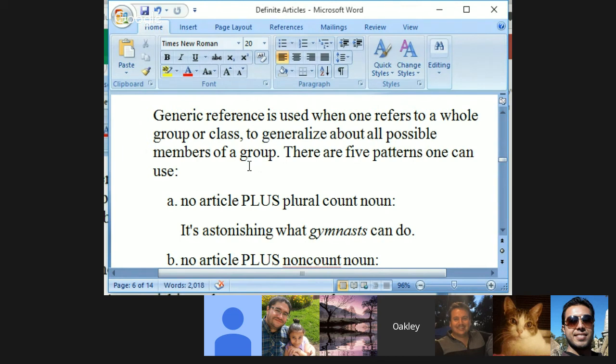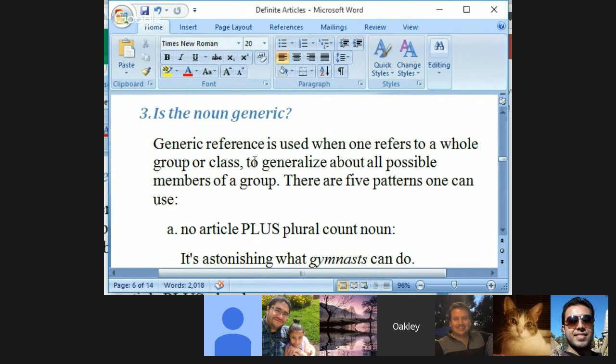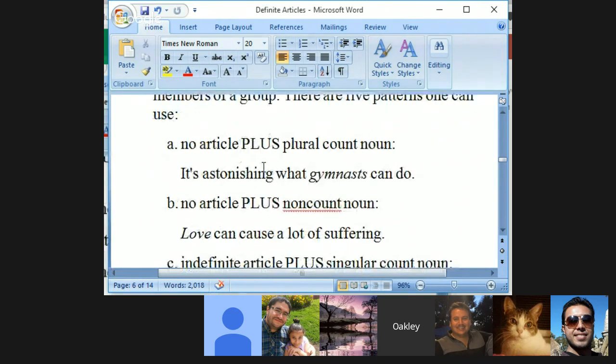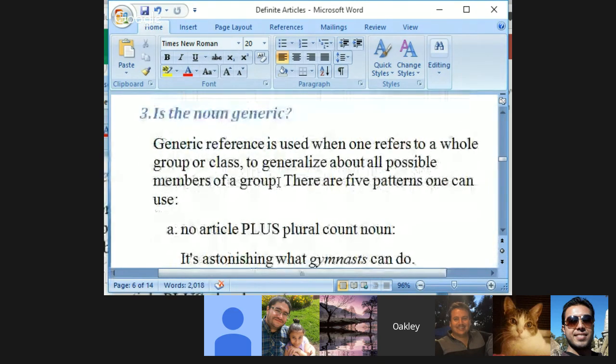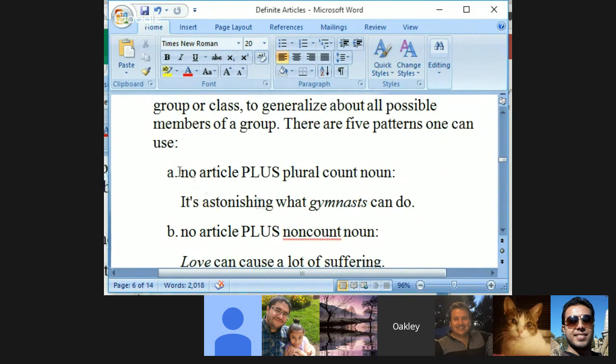There are different ways to do it. Generic reference is often done in academic writing, for example, maybe news reporting. You can, A, use no article plus a plural countable noun. For example, it's astonishing what gymnasts can do, gymnasts in general. So you just use a plural.